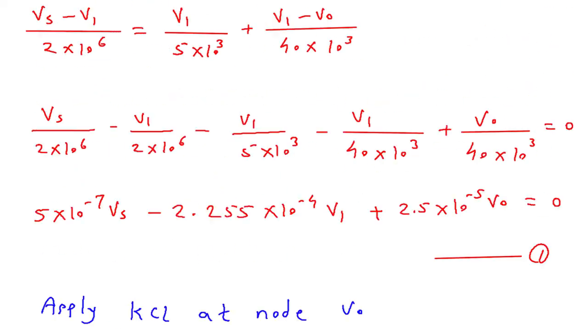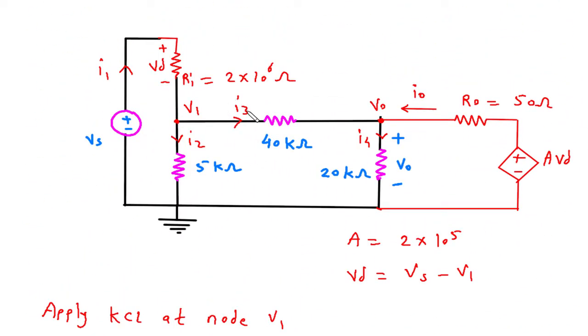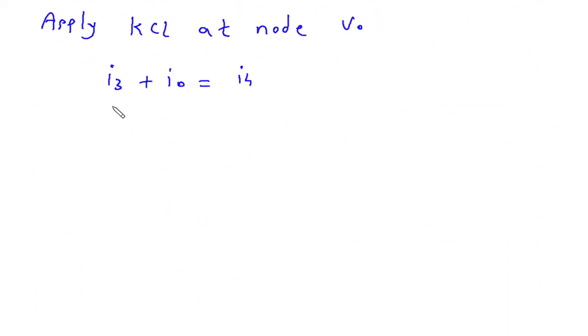Now I3 is V1 minus VO by 40K, 40 into 10 to the power 3, plus IO.